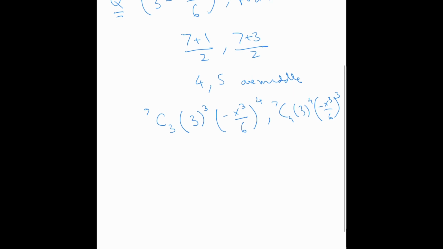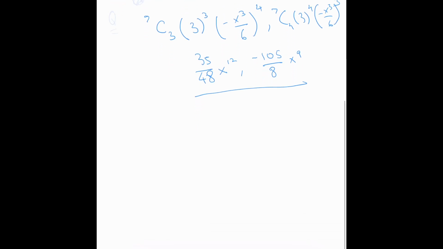This will come out to be 35 upon 48 x to power 12 and minus 105 upon 8 x to power 9. So these are the middle terms.